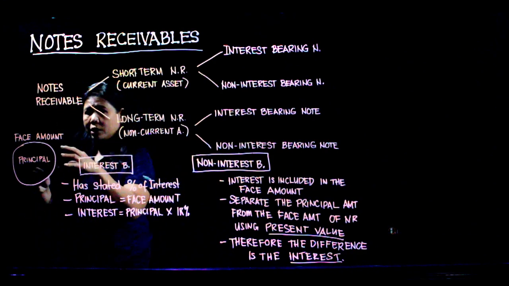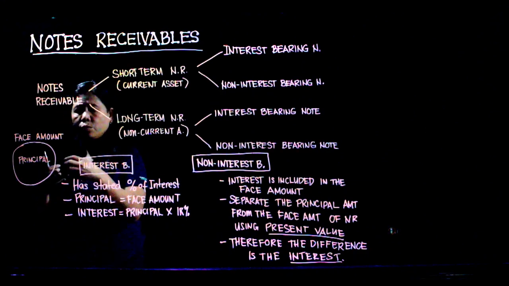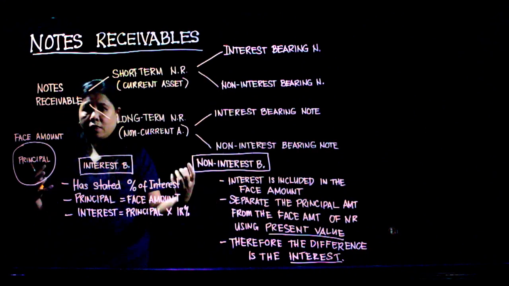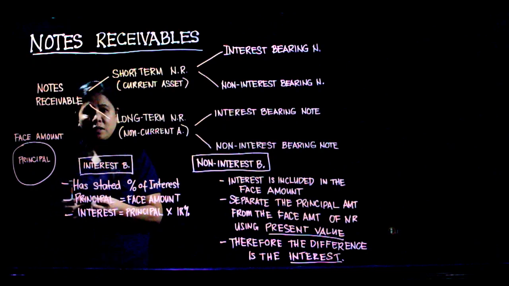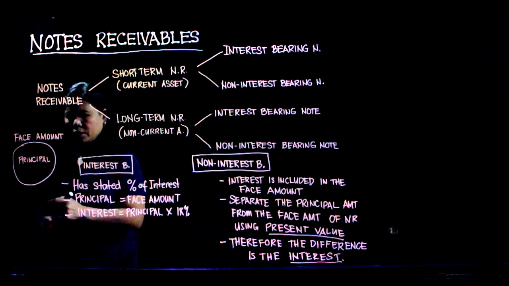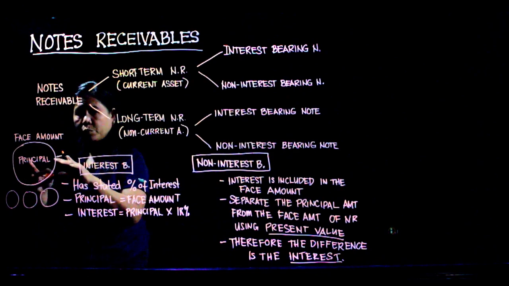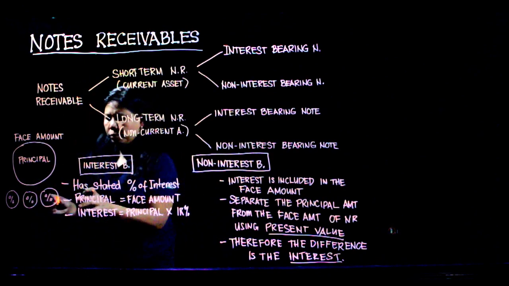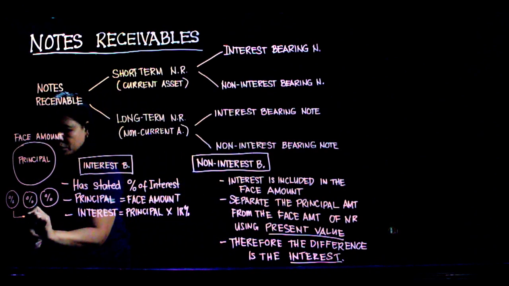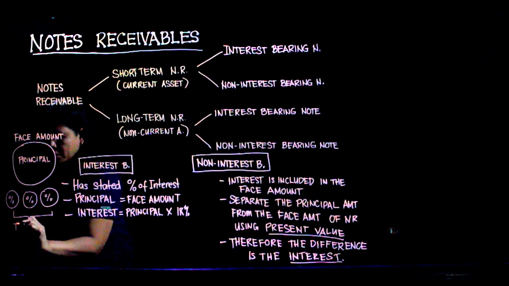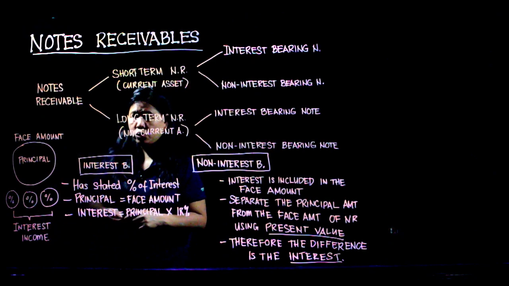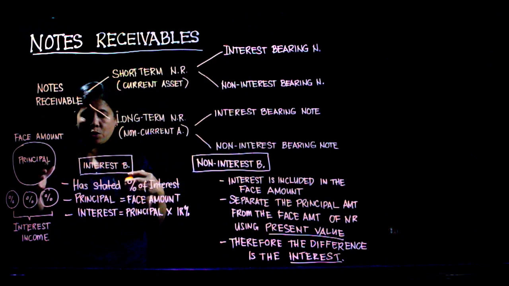Aside from the principal that the payee will get on the maturity date, the payee will get an interest, and on the books of the payee, it will be an interest income. So the interest will represent a small pizza, separate from the principal. The small pizza on the books of the payee will be the interest income. That is your interest-bearing note.